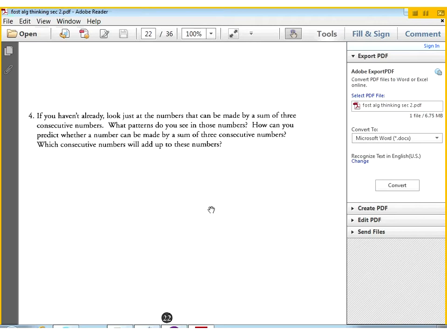Gauss. G-A-U-S-S. Well, Gauss came up with Gaussian normalization. Number 3. Well, I think the old tale is that Gauss, I'm pretty sure it's Gauss, was in elementary school.